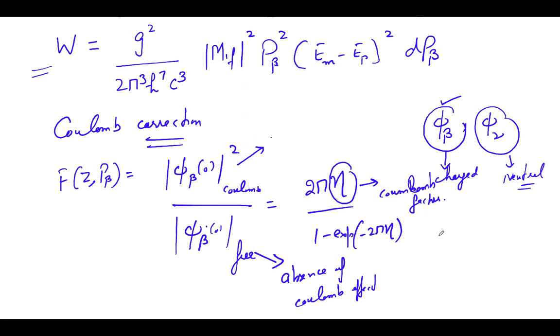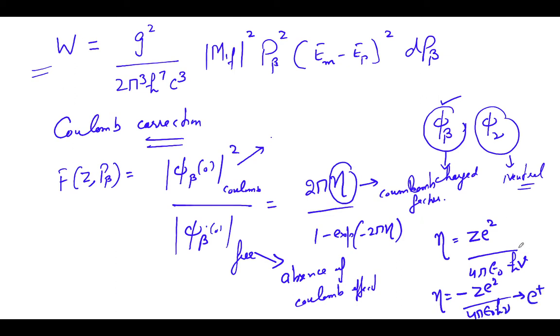So this Coulomb factor eta is equal to Ze square over 4 pi epsilon naught h bar v. This is the expression for electrons, and when we introduce a negative sign, this is the expression for positrons.